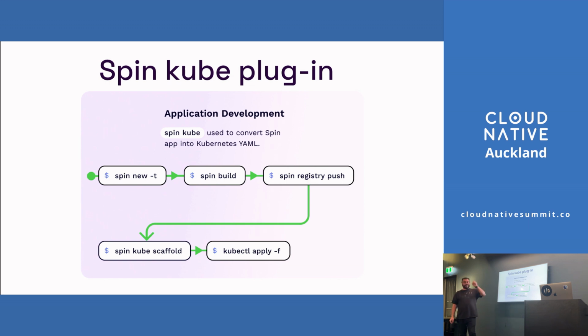But you can still pull and push it like an image. Once that's there, you can get onto the part of SpinKube, which is the plugin, where you can run spin kube scaffold, and that generates your Kubernetes YAML, your Spin app object, and then you can deploy that to your cluster.